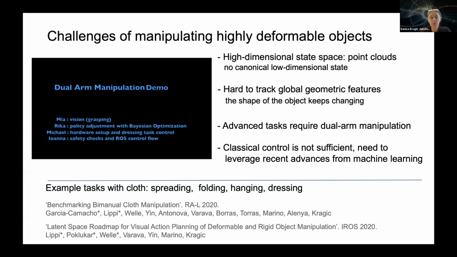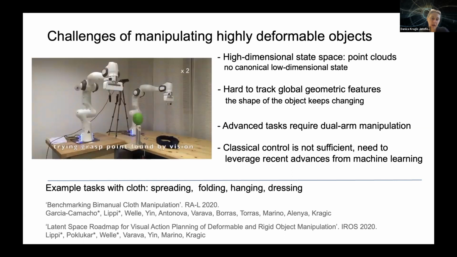Now, I want to move a little bit to what Marco is going to talk about, and this is how we can also build various types of environments for studying physical interaction with deformable objects, such as, for example, clothing items. It might be for the purpose of recycling these, or just assessing their quality, or potentially assistive dressing.